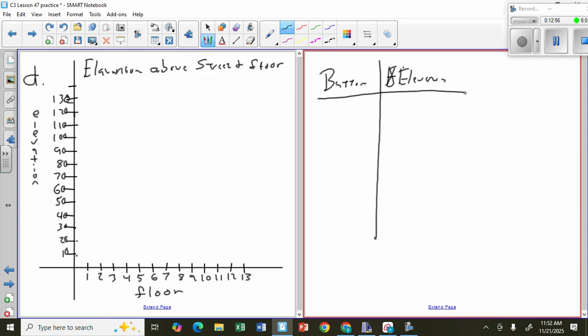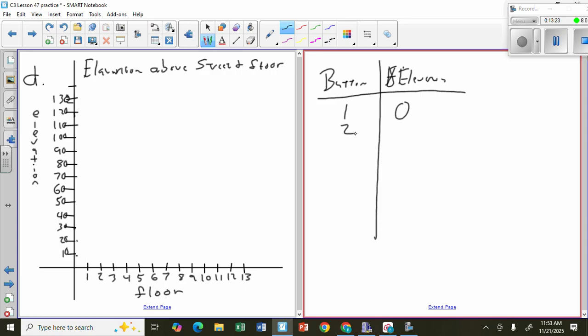Now, the first floor is usually A, or lobby for L, or 1. It can be a couple things. But if I'm on the first floor, how high above the street am I? 0 feet. So if you have 0 matched with 0, there's no 0 floor. The first floor is 0.